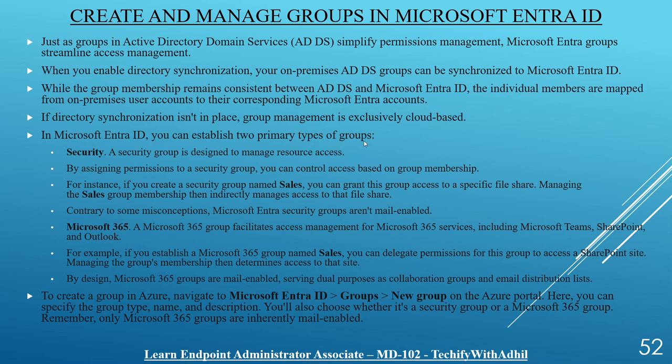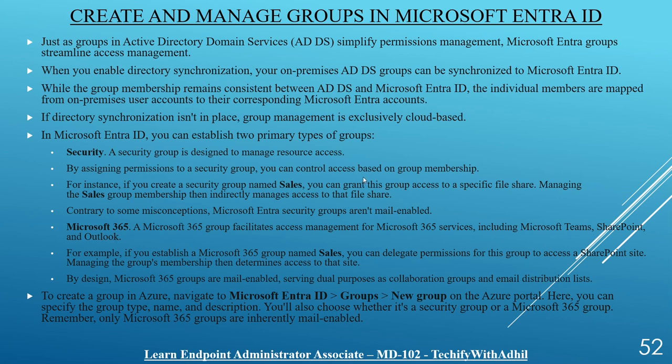In Microsoft Entra ID, you can establish two primary types of groups. First, the security group. A security group is designed to manage resource access. By assigning permissions to a security group, you can control access based on group membership. For instance, if you're creating a security group named Sales, you can grant this group access to a specific file share. Managing the Sales group members then indirectly manages access to that file share.